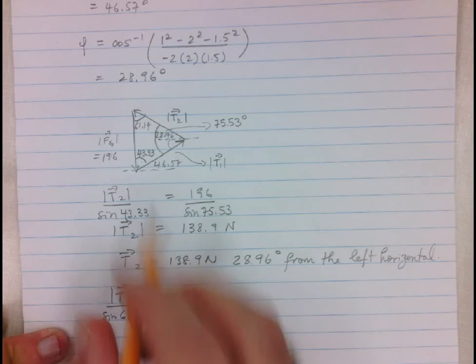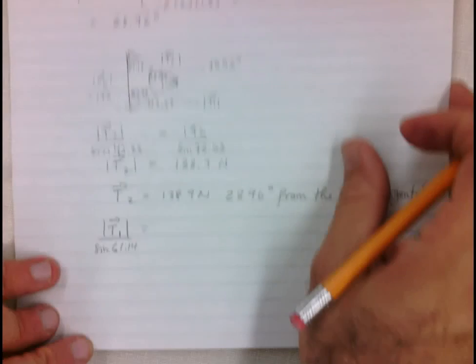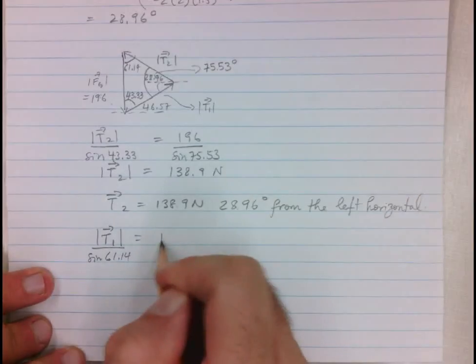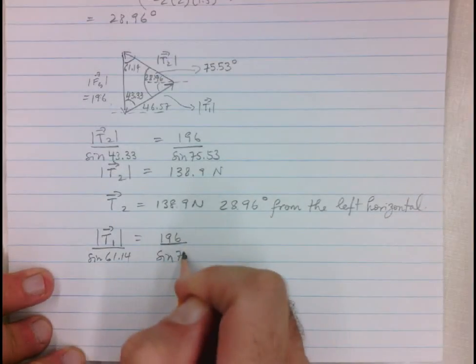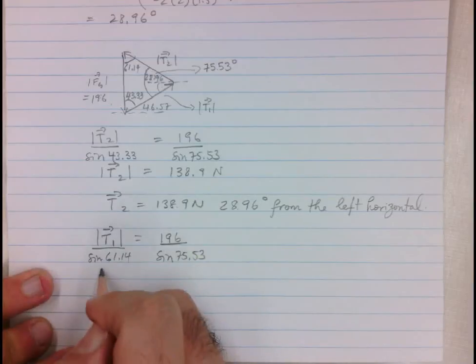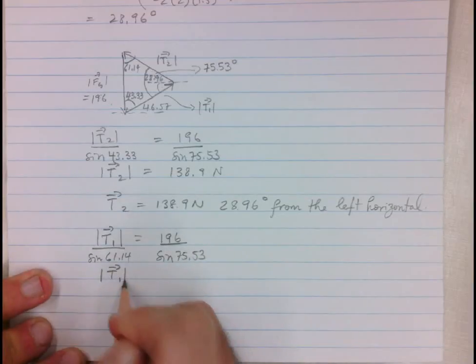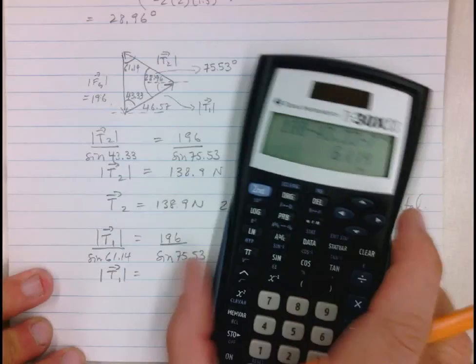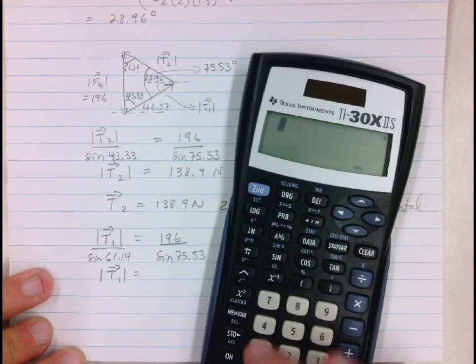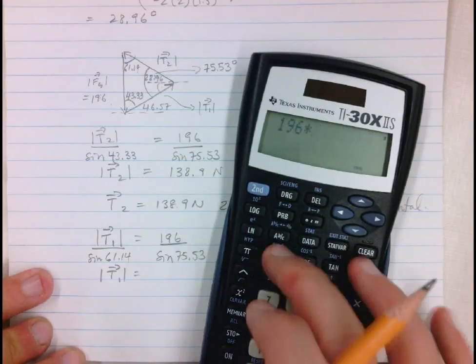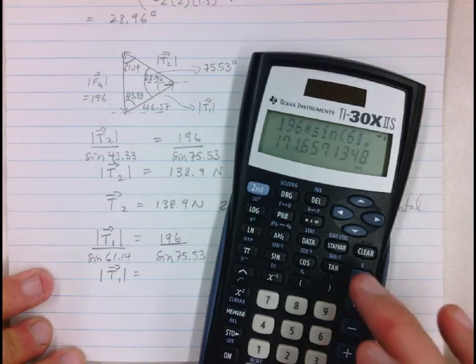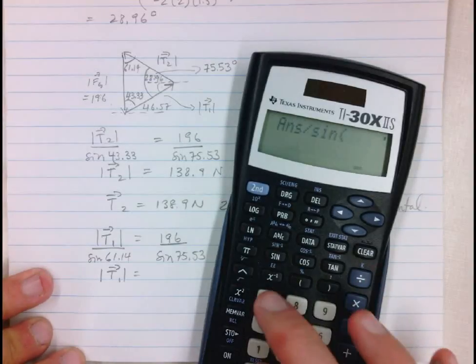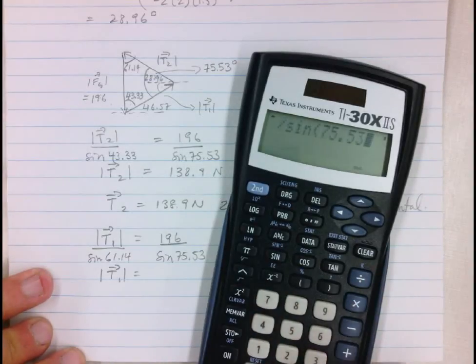And then on the other side, I'm going to use the same known pair: 196 over sine of 75.53. So we calculate the magnitude of T1: 196 times sine of 61.14, divided by sine of 75.53.